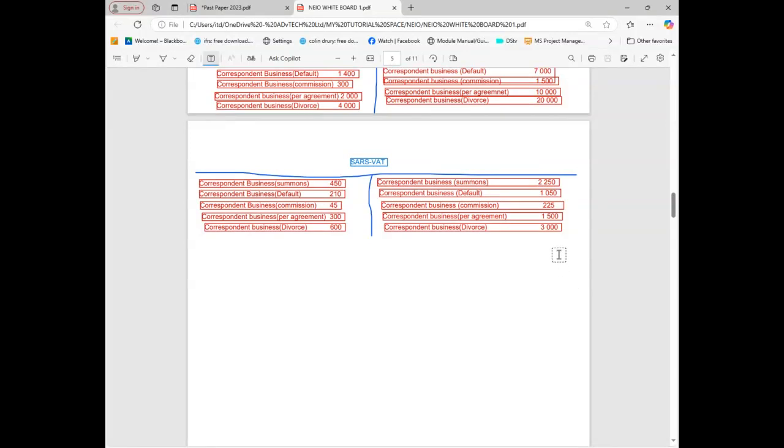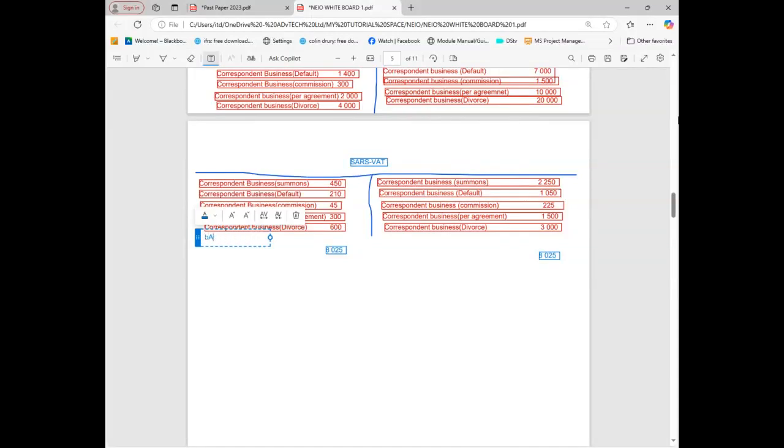Then the other side, the credit side, is 8,025. Then I'm going to copy it here, 8,025, meaning there's a difference here, which I'm going to call balance.